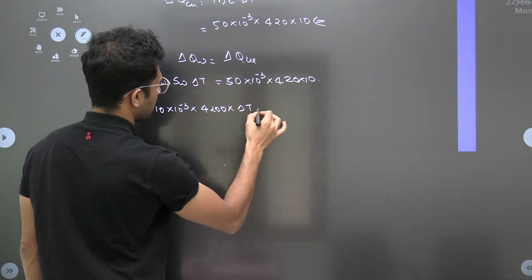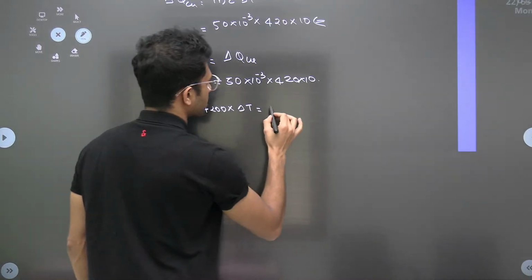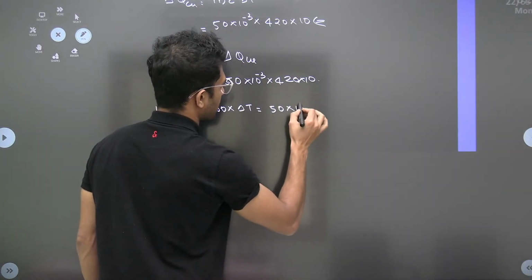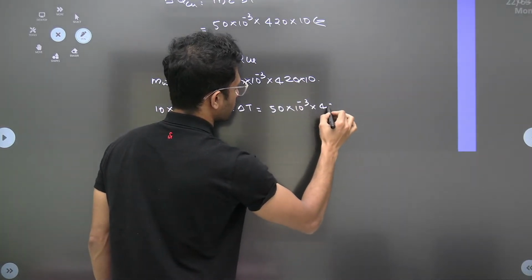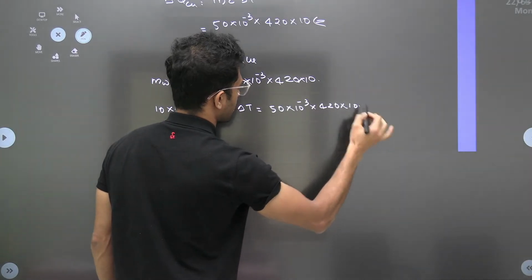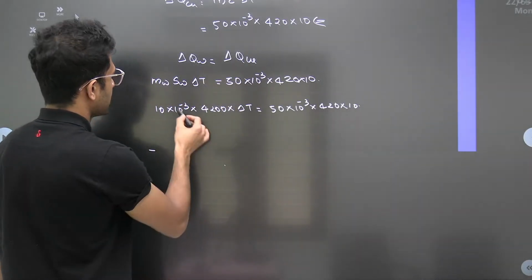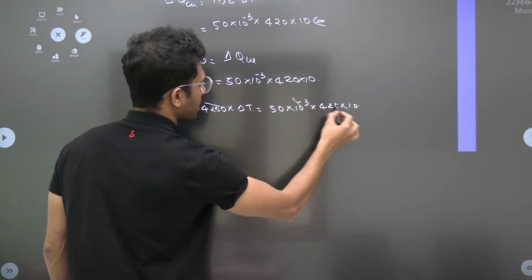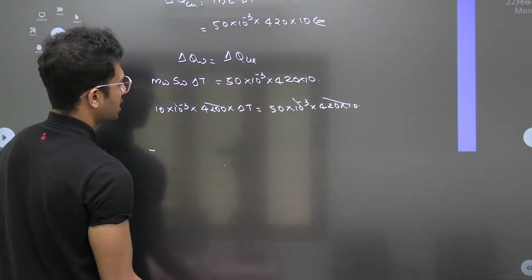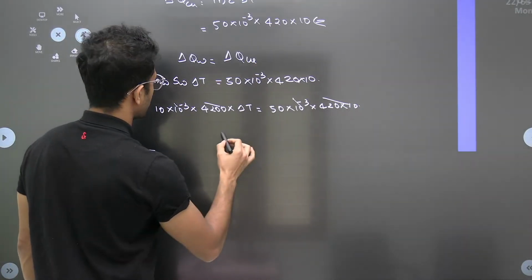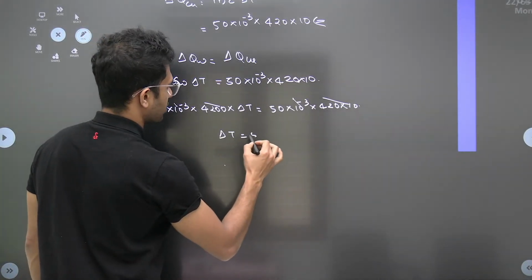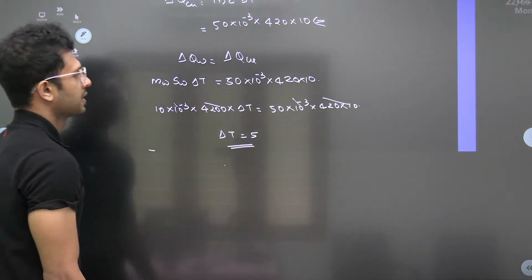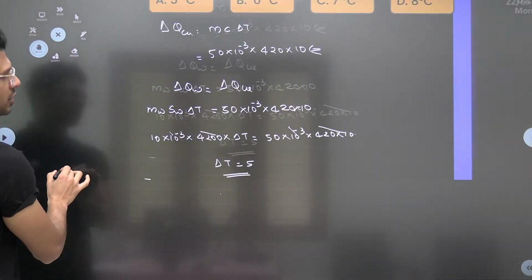Change in temperature, not known, is equal to 50 into 10 power minus 3 into 420 into 10. Common 10 power minus 3, 10 power minus 3. 4200, here also 4200. Right? 0, 0. So delta T is equal to 5. Very simple. We got the right answer.